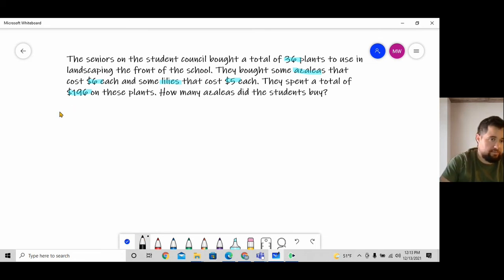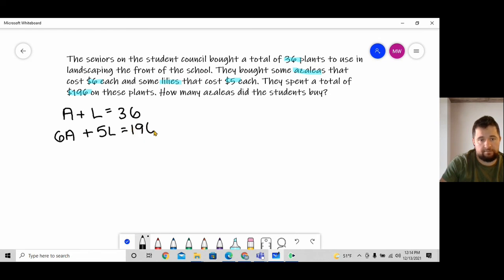So my first equation, I'm going to say that A plus L equals 36. Azaleas plus lilies is 36. Now, for my second equation, I'm going to say that 6A, $6 for the azaleas, plus 5L, or $5 for the lilies, has to equal a total of $196.